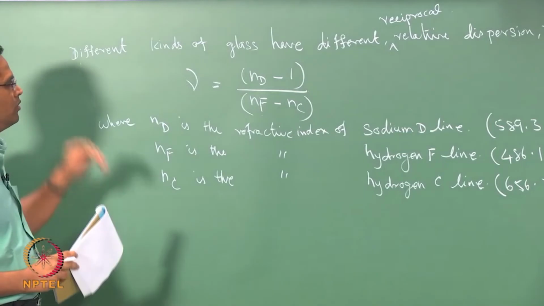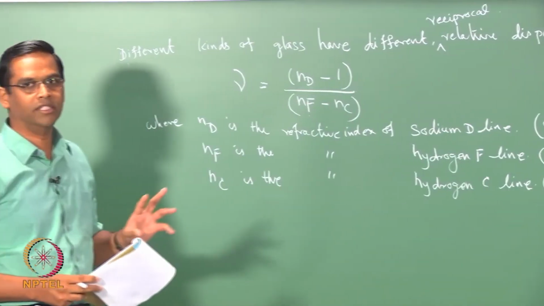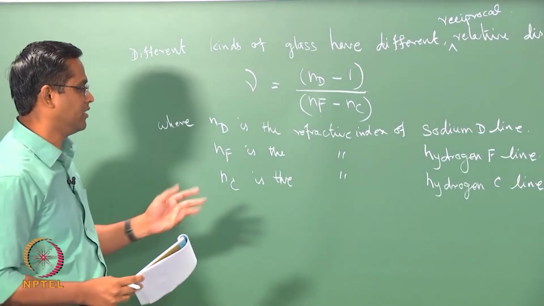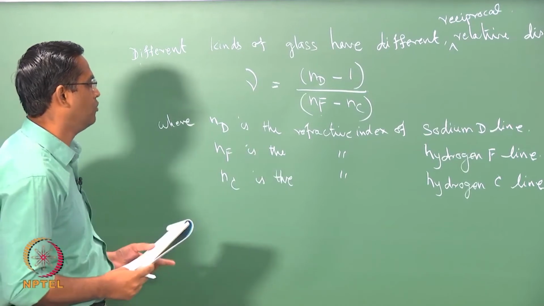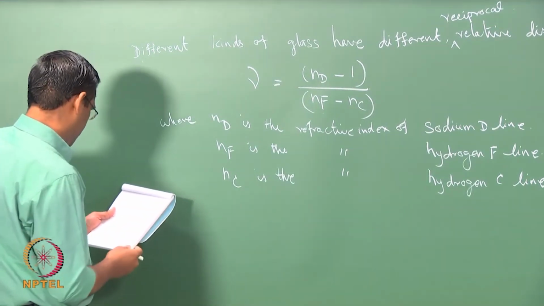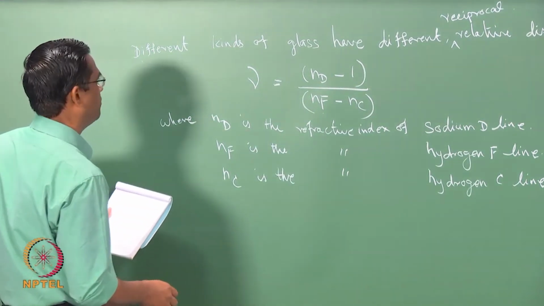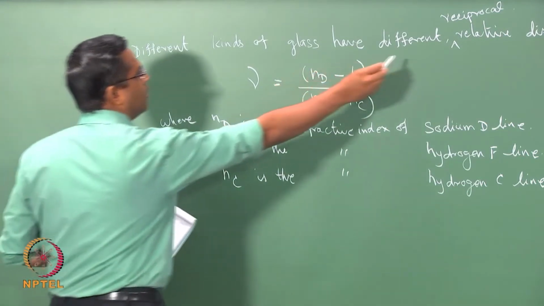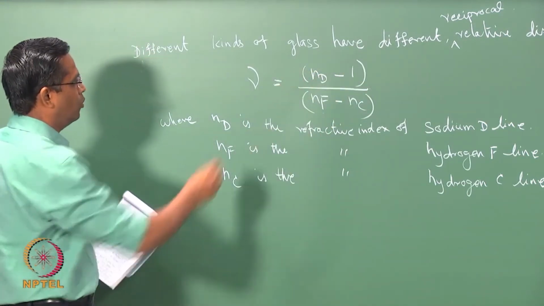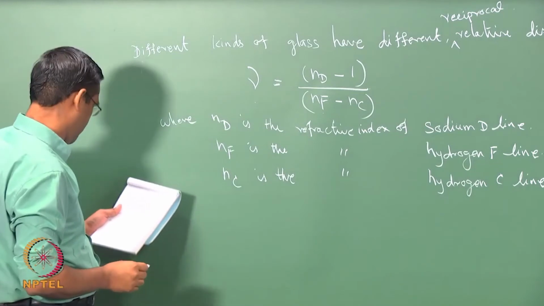So, I am just giving you this because you should know how this correction is made and what the basis is. These are all spectral values, and different kinds of glass will have a different reciprocal relative dispersion mu, which is defined by this formula.